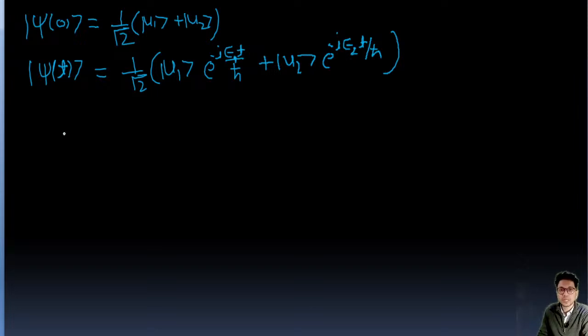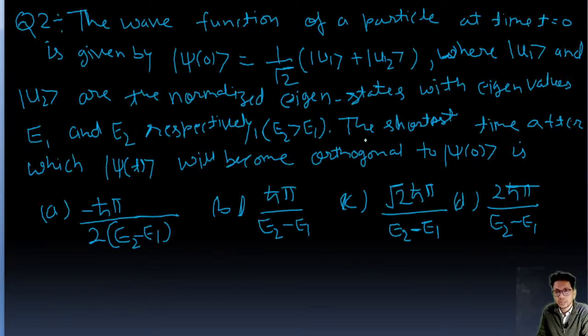u1 and u2 are normalized eigenstates, which is given. And we know the orthogonality condition, right? Here the question is the shortest time after which psi t will become orthogonal to psi 0.